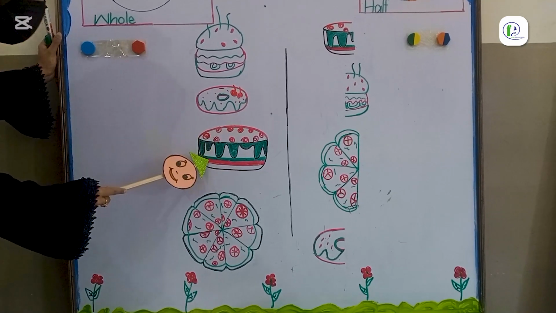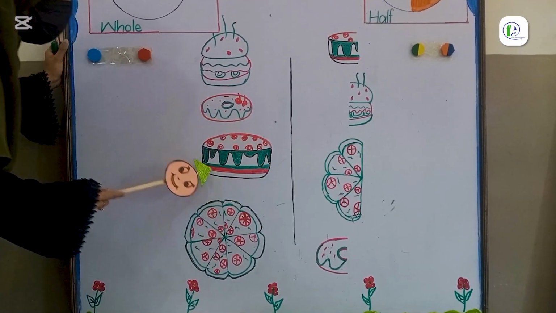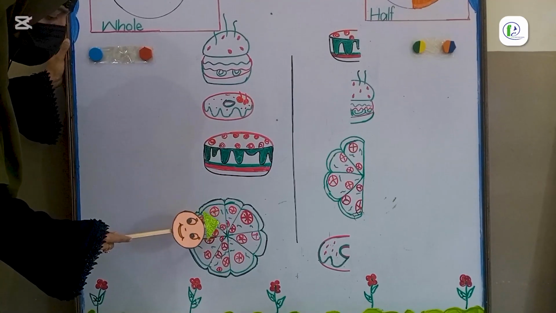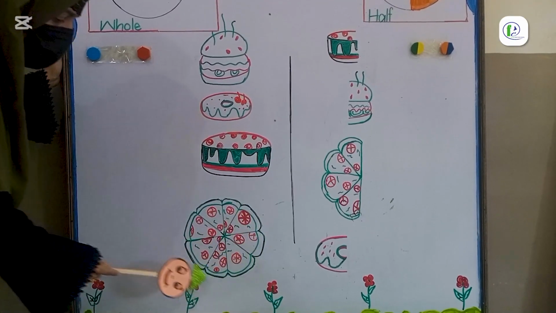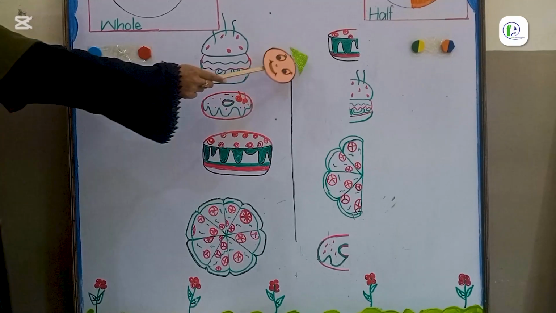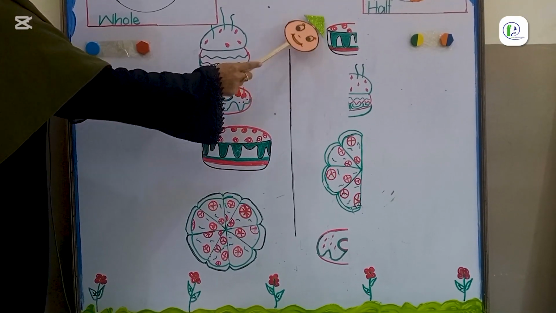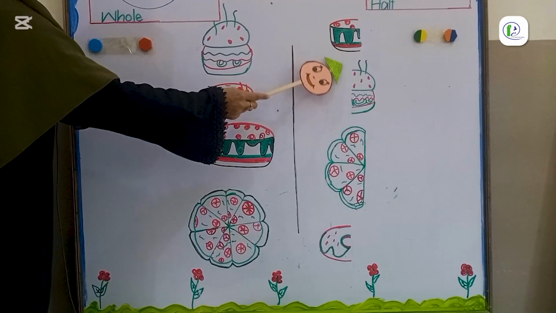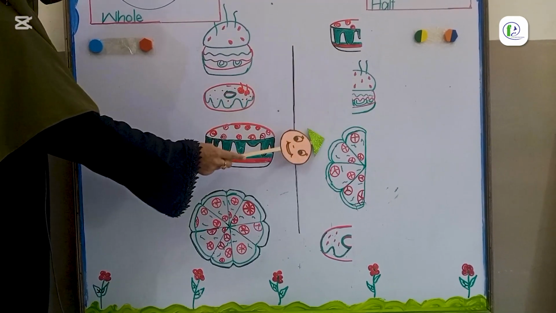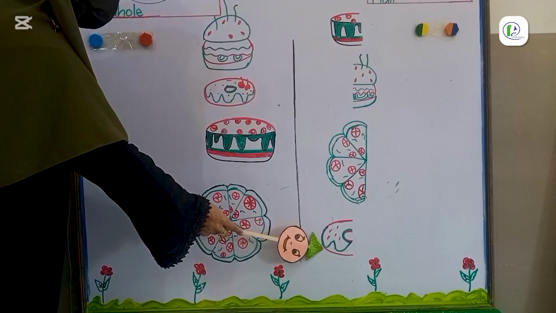Then cake, whole cake. Next is pizza, yummy pizza, whole pizza. Okay, next, what is this? This is half cake, half burger, half pizza, and half donut.